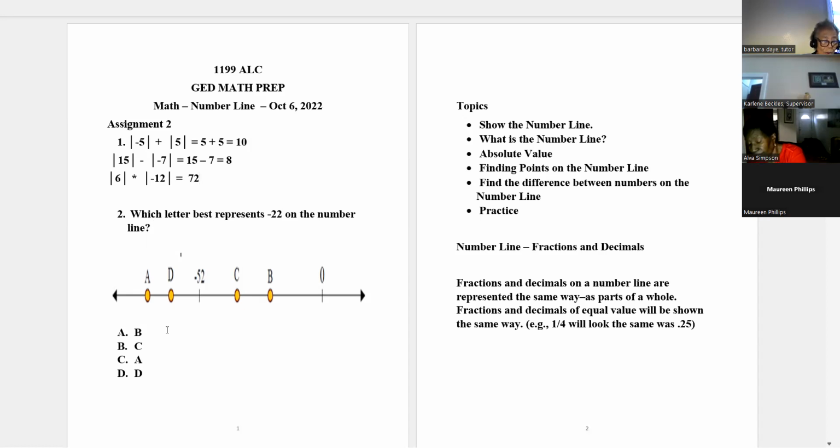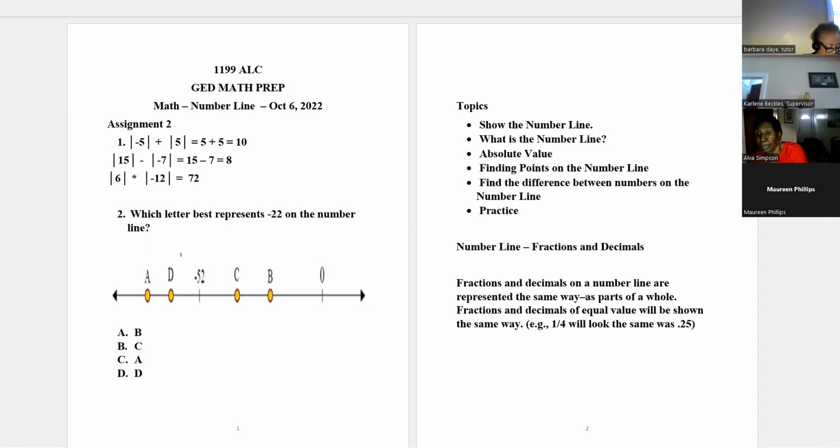So you can eliminate A and D because any number here has to be absolute value greater than 52. So when you go this direction, you're greater than minus 52. So it's between C and B. So Maureen, which one would you say? I would say B. All right, you got it.